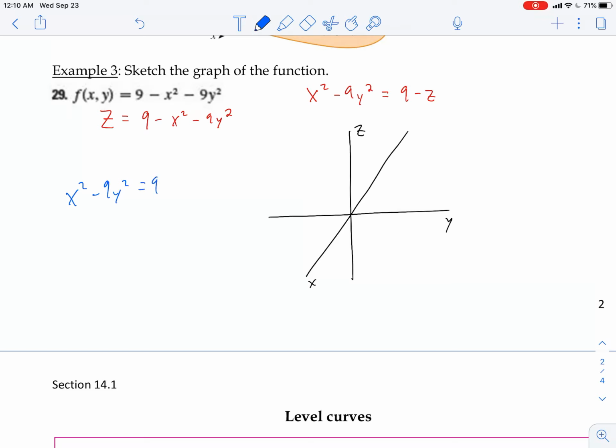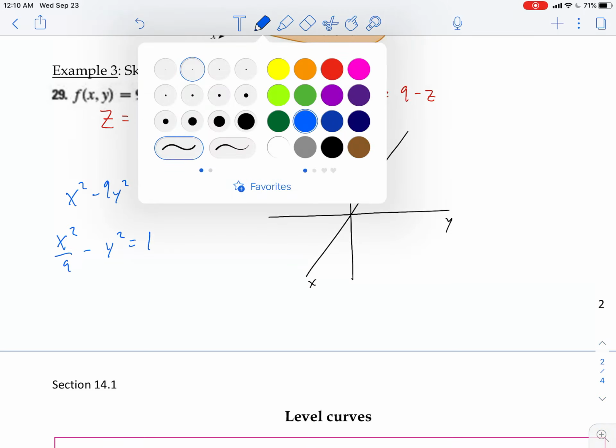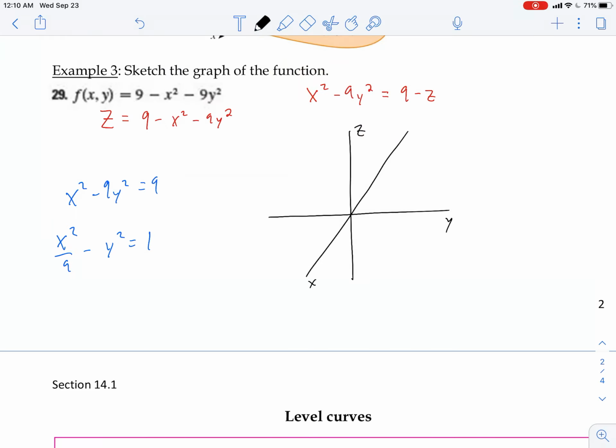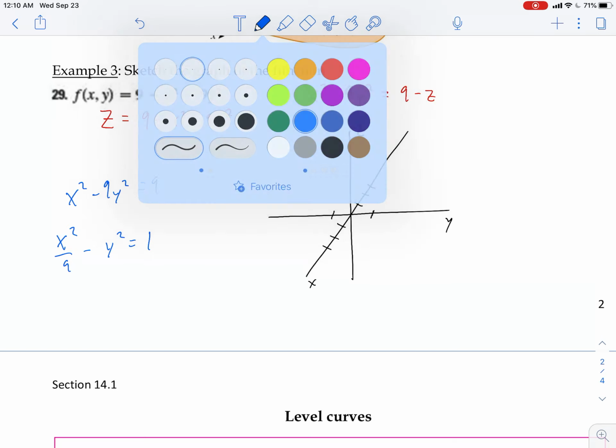If you divide everything by 9, you get x squared over 9 plus y squared equals 1. Here we have an ellipse where for the x-axis we go a distance of 3, and for the y-axis we go a distance of 1. And then I'm going to shade that in.